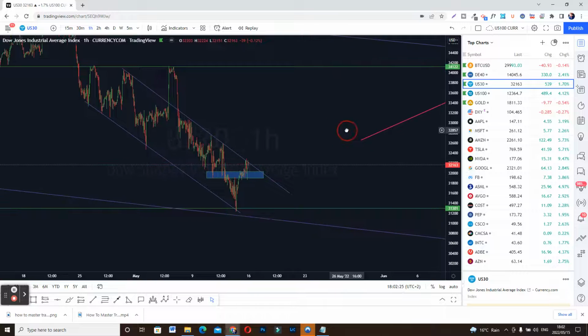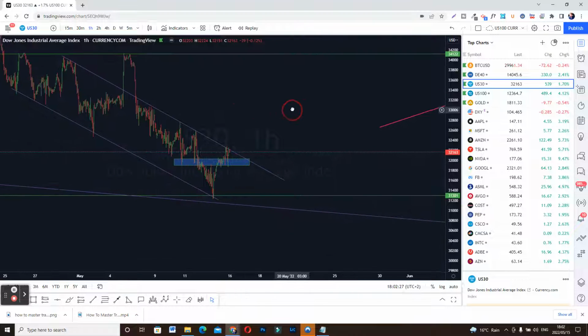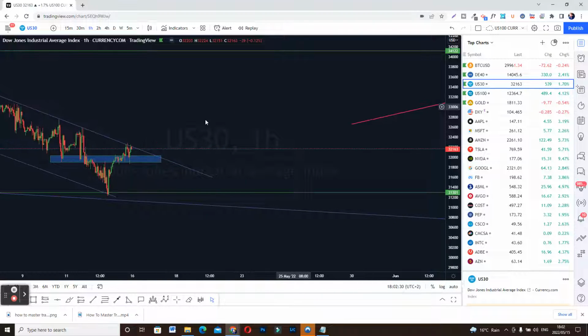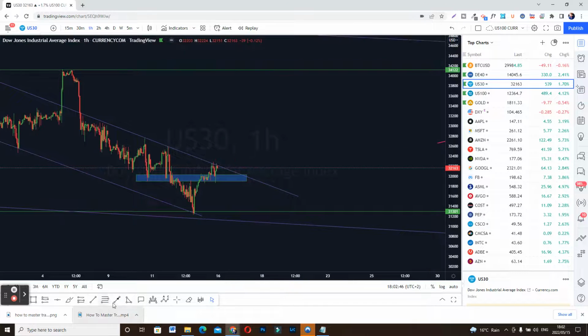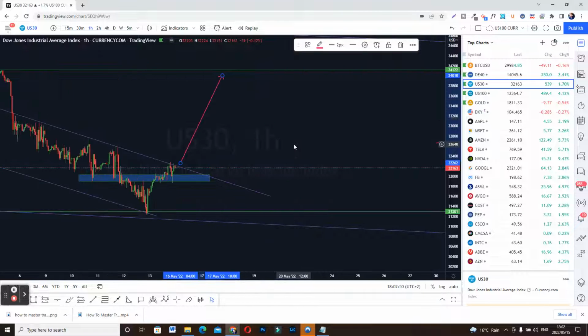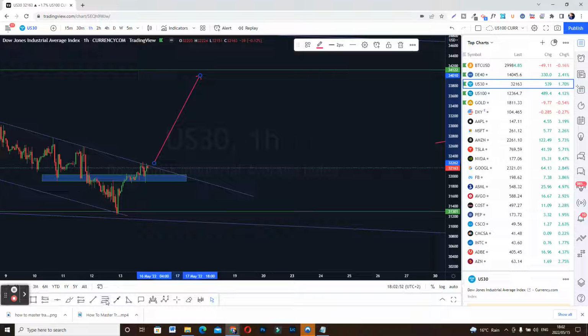So you can see right now at this level, I might be looking for buys since now the US30 has broken out of this. It is still playing around this support, and there's a high chance that it will be going straight to the top, like so. So when the market opens, you could be looking to go long.